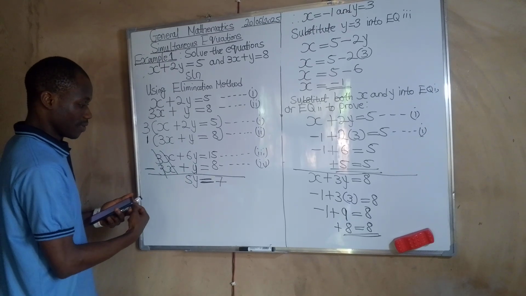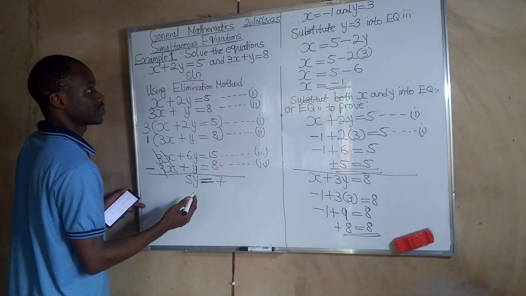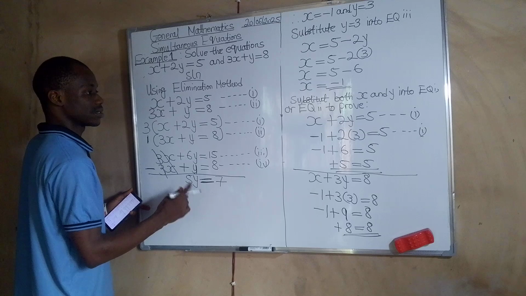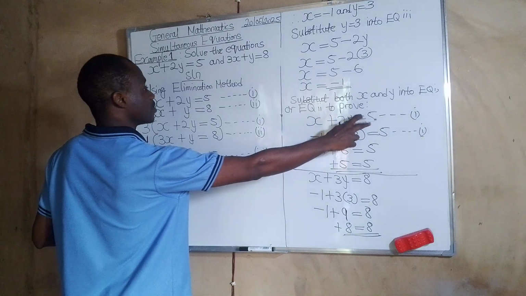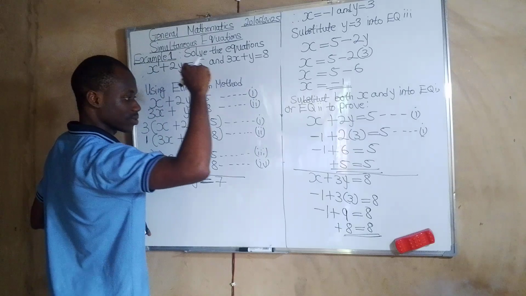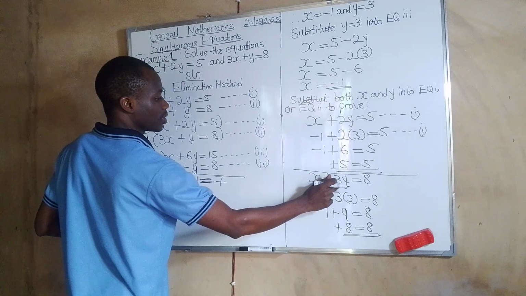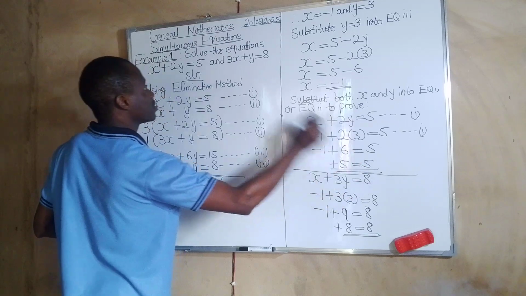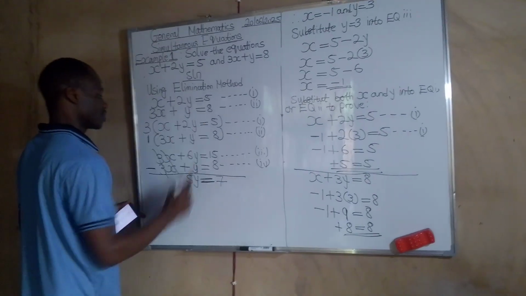Nevertheless, we still have to prove whether the answer is correct or wrong, which is very important. Because if you look at this, we have x plus 2y is equal to 5. Then the second was x plus 3y is equal to 8. So we added the 3 instead of that. So let's continue.